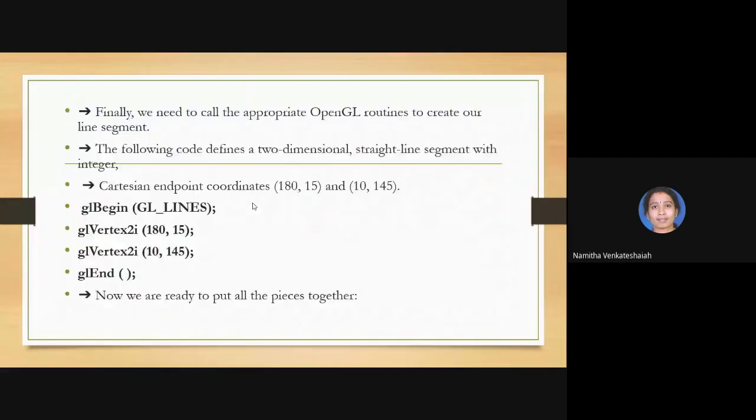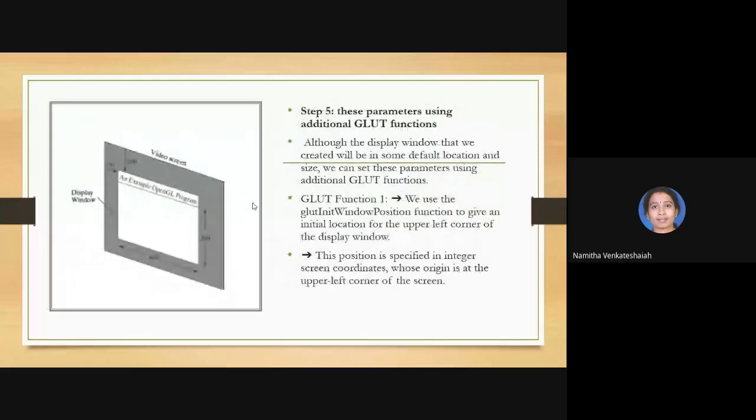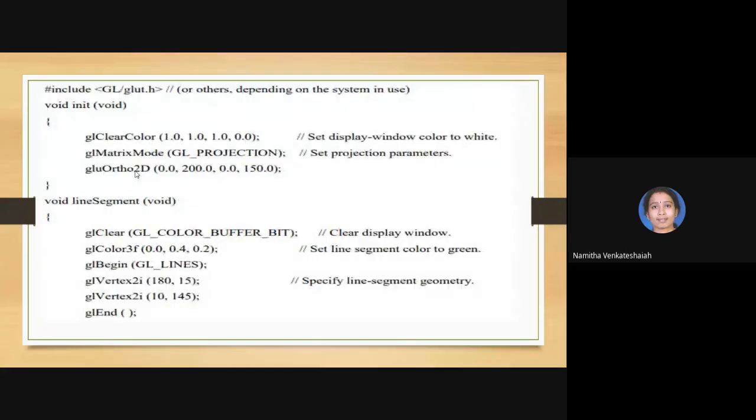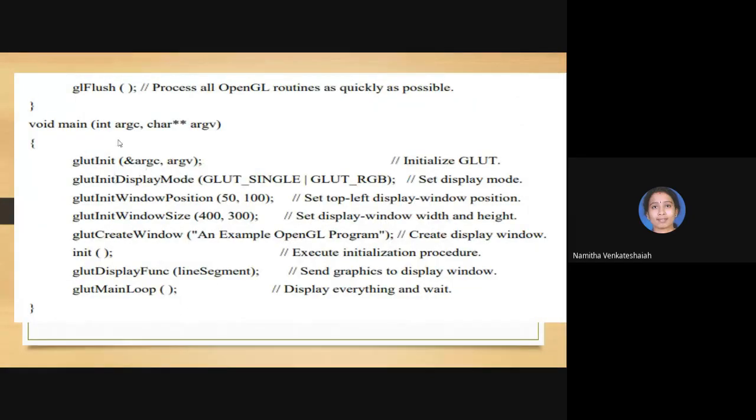That's what I showed you here. Using this, we are positioning the window. Whatever window you are creating, you are positioning that window. This function is for positioning the window.